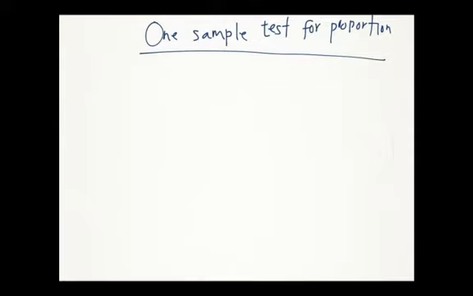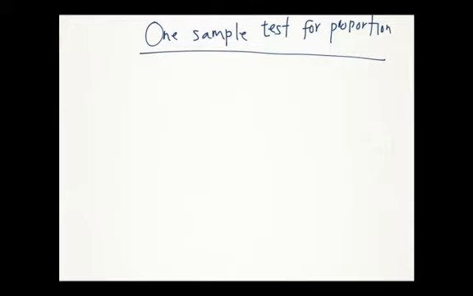You can see how this wouldn't really come up in practice. When would we want to know if the proportion of people who progress on a specific treatment is equal to a specific number, 20%? That probably wouldn't happen so often. But again, we're just starting off here before we move to two sample tests for proportion.